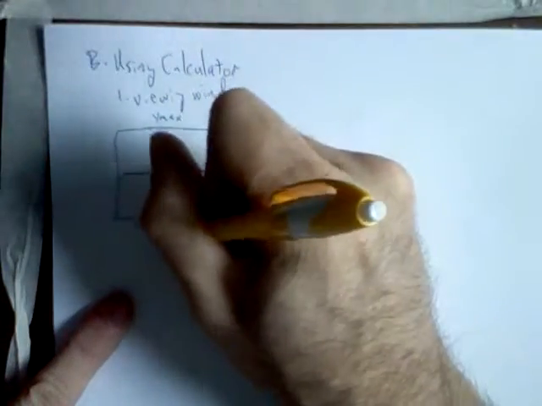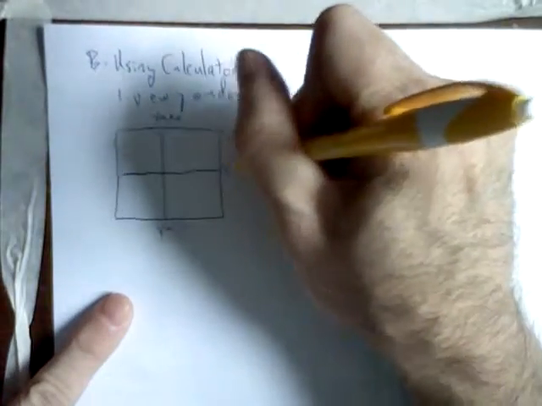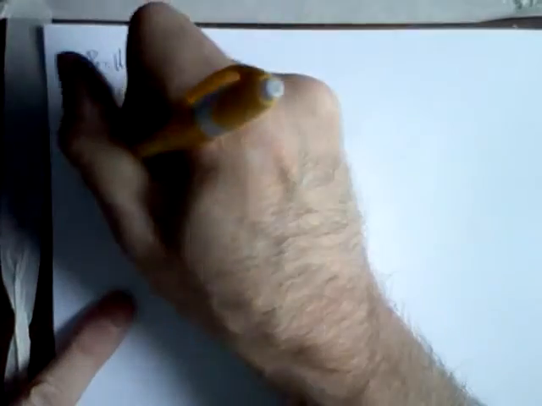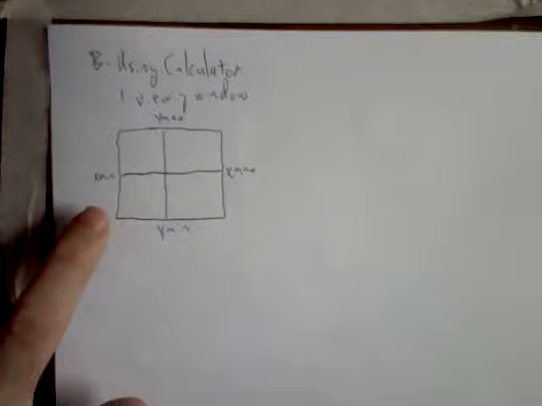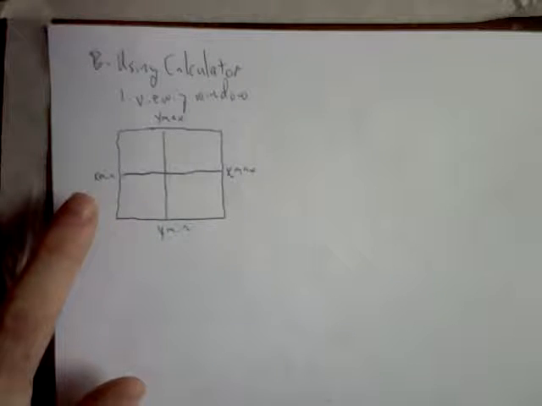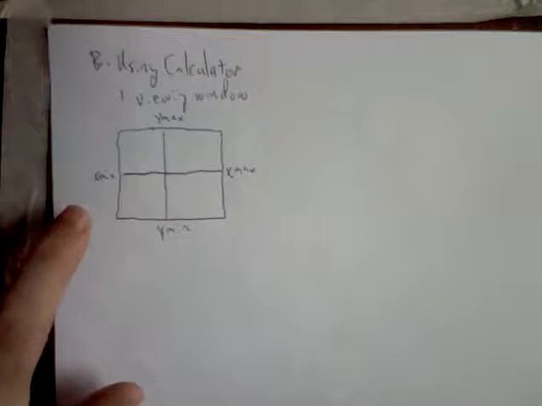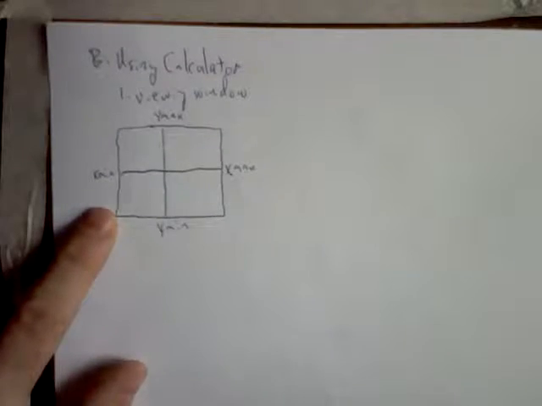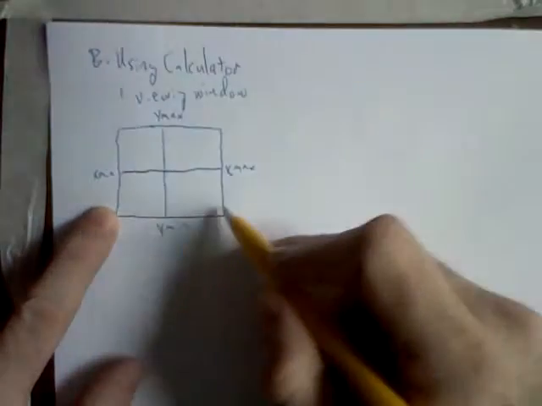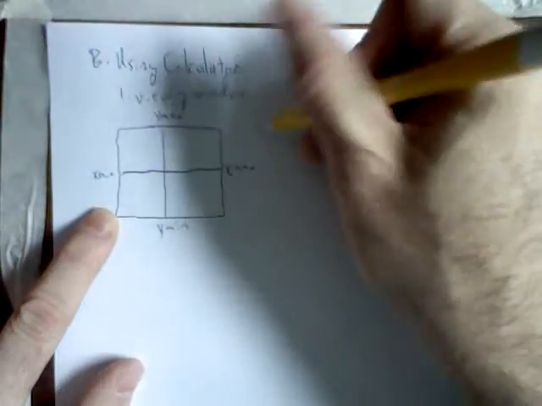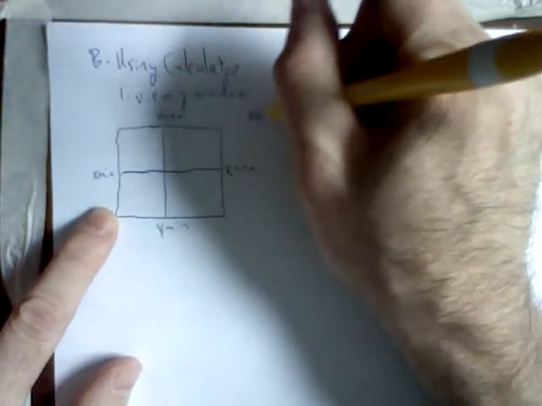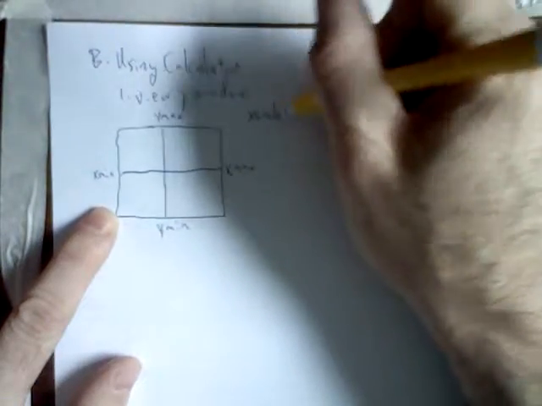You'll have some sort of Y max, Y min, X max, X min, that you can put into your viewing window. There should be a place where you can put in these values and then go and look at what you have. There's also an X scale and Y scale, and these are just the tick marks that you'll find on each particular axis.